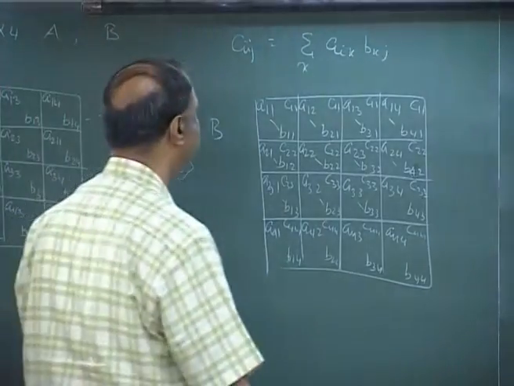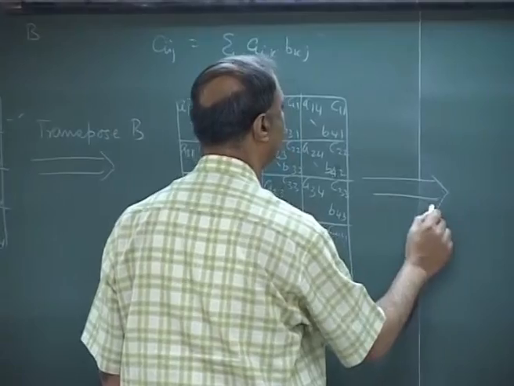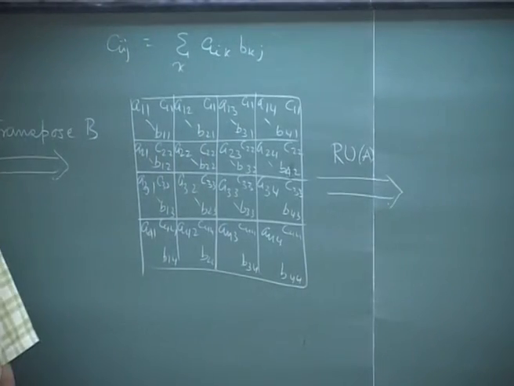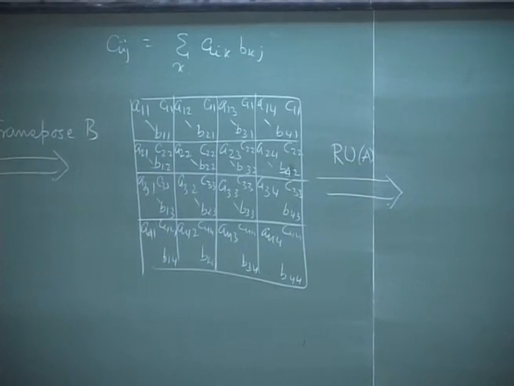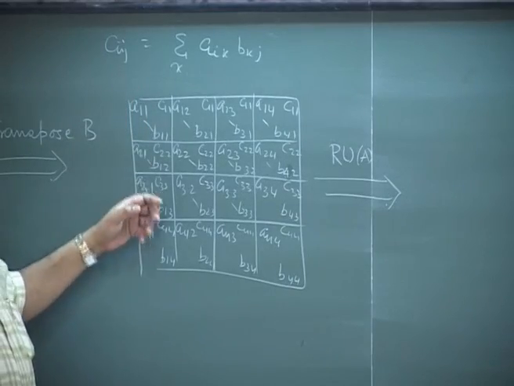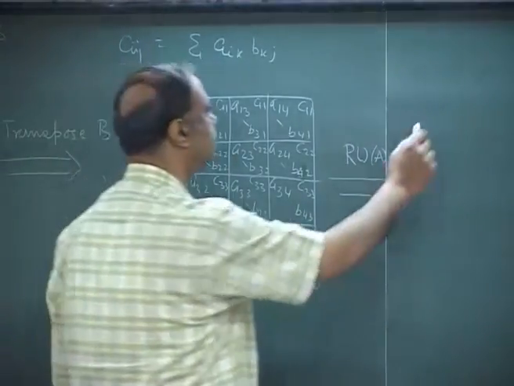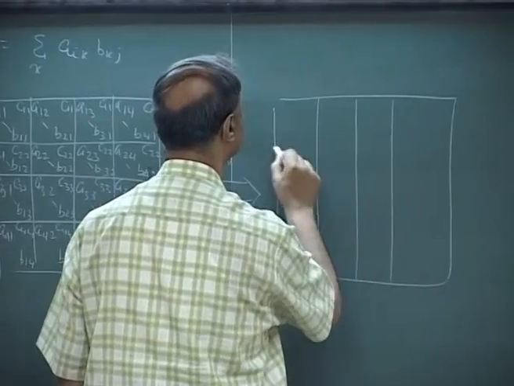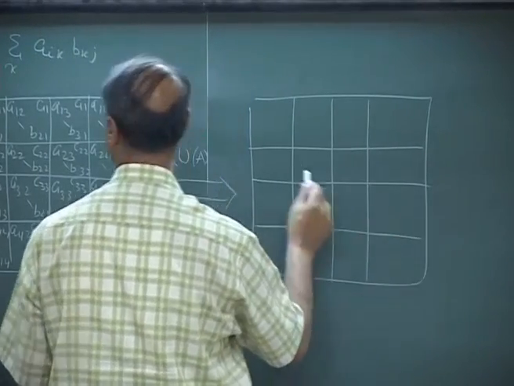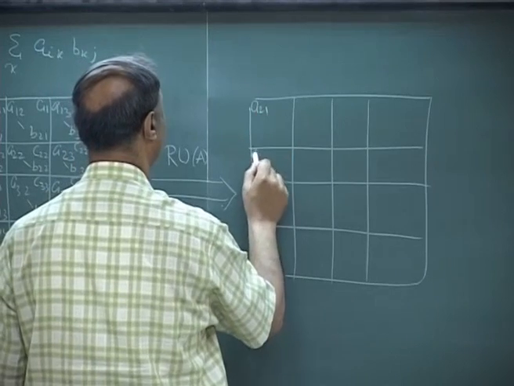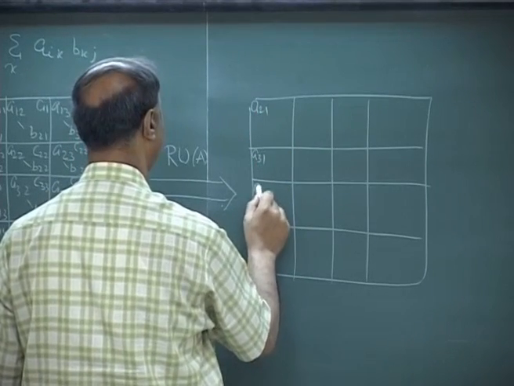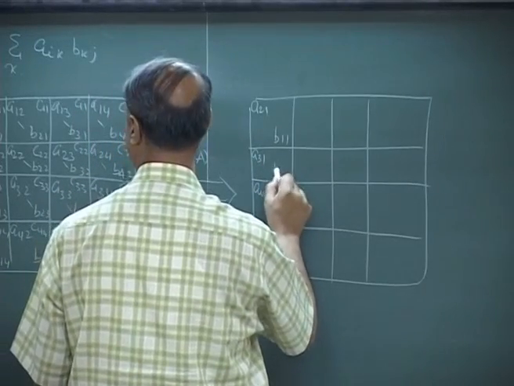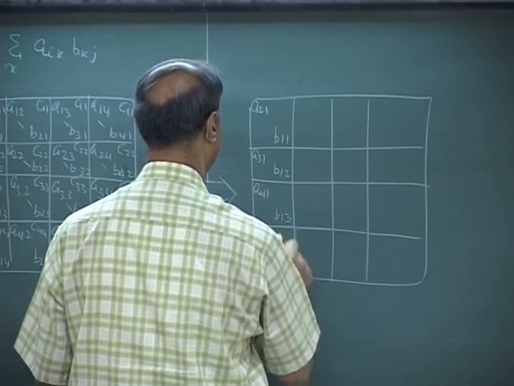Then you do the operation rotate up A. We told you what the rotate up A operation is: in the wraparound, the A elements are rotated up. So you get A21, A31, A41, A11, and you get B11, B12, B13, B14.